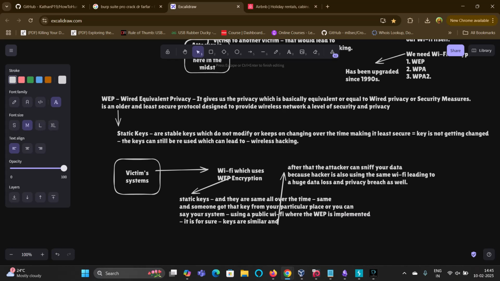I hope it is clear how static keys can lead to data loss as well as privacy breach, and that WEP is least secure and an older version which was implemented in the 1990s.